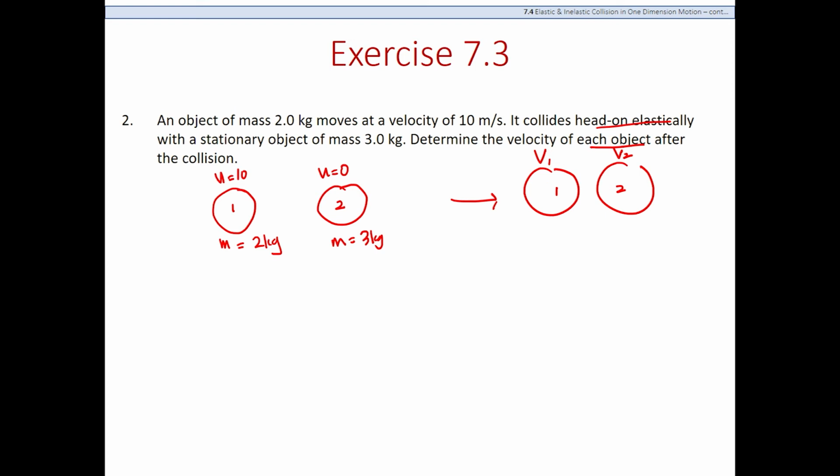How do we answer this question? From the question, we read head-on, so it's an elastic collision. In an elastic collision, the total momentum initially equals the total momentum after collision.